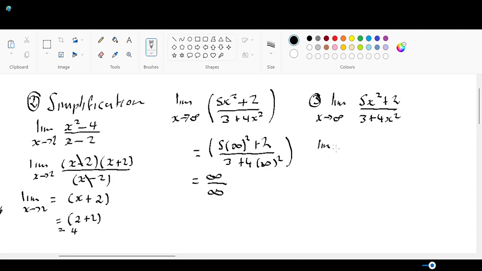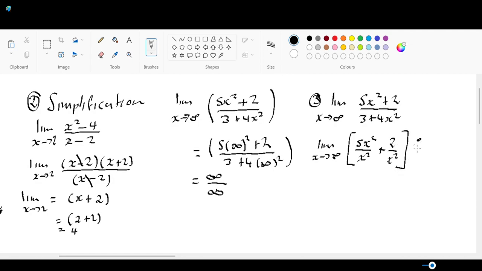So you write limit, and then x approaches infinity. Basically you're going to divide each term. You can say 5 times x squared divided by x squared. Remember, you divide by the x with the highest power. So plus, this is the numerator, by the way, 2, and we also divide it by x squared.